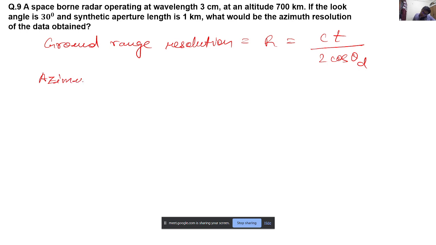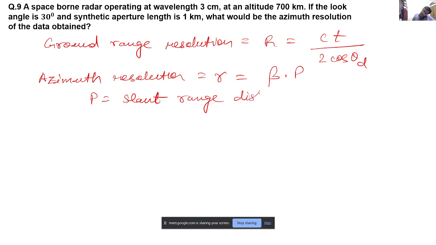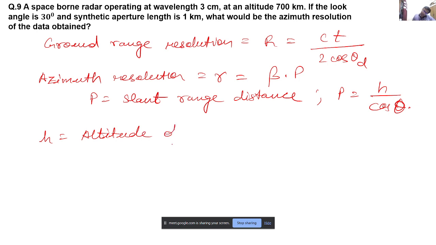Azimuth resolution, which we got from the previous expression, let us suppose it's R is equal to beta times P, where P is the slant range distance. Okay, and P equal to H by cos theta, where H equal to altitude of platform and theta is the look angle.